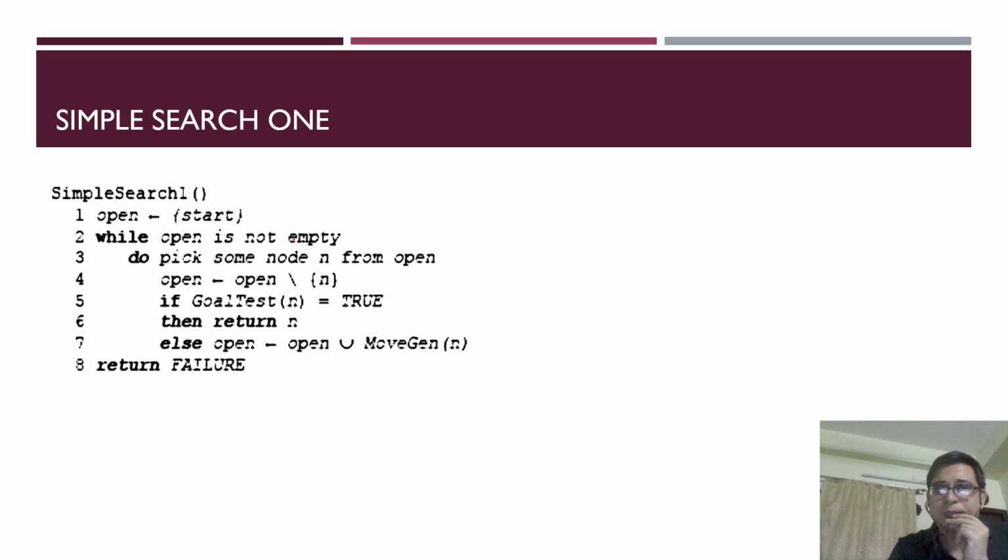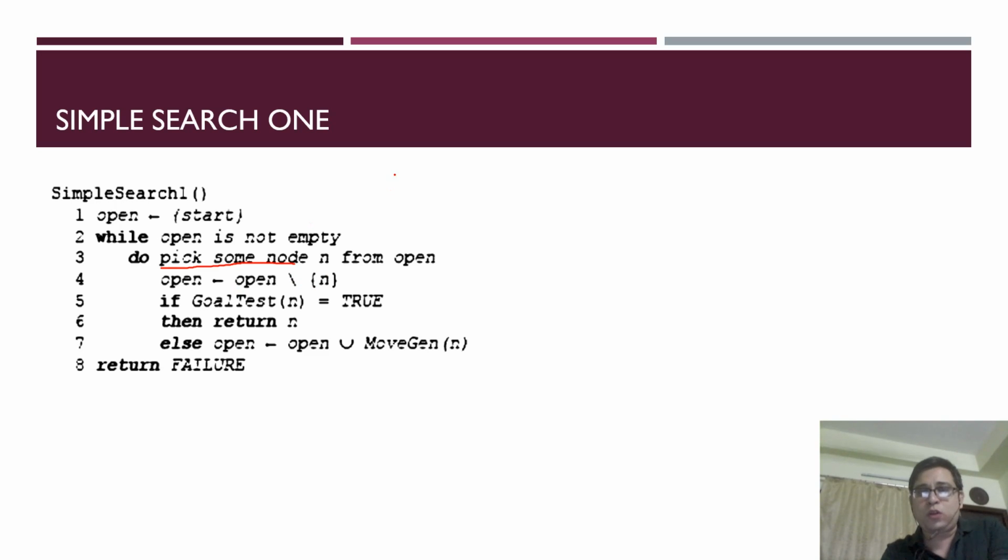While open is not empty, do pick some node n from open. It is necessarily made a little fuzzy, what is the meaning of pick some node, but just assume that we are taking some node from open, and then you are changing open, so you are subtracting or differencing this node n from open.